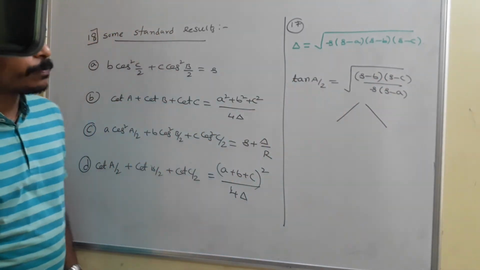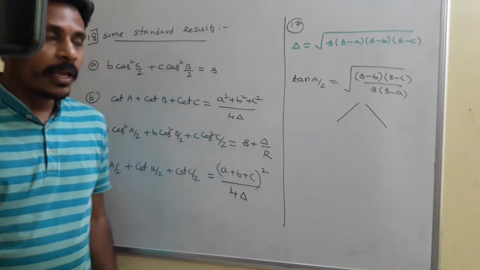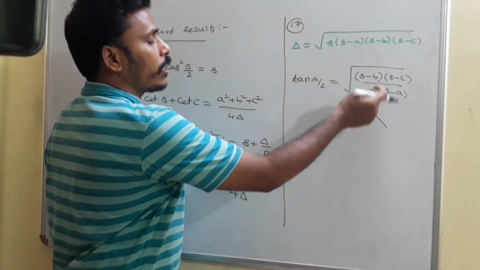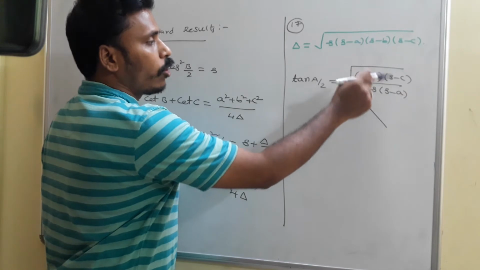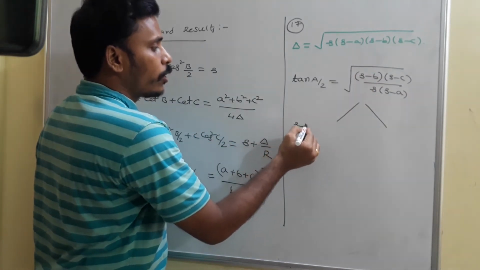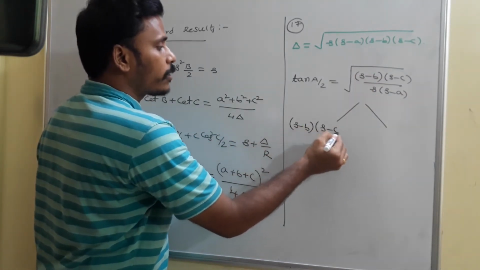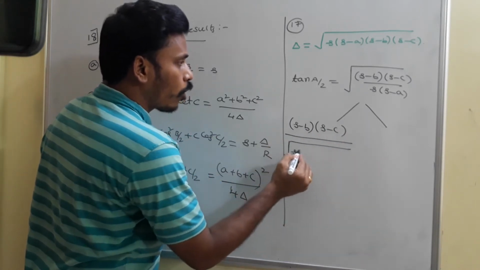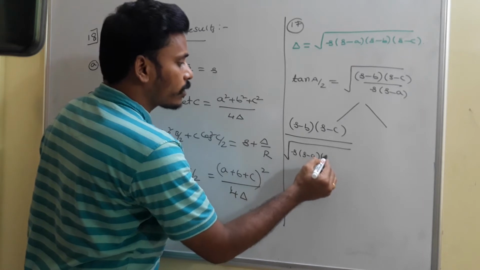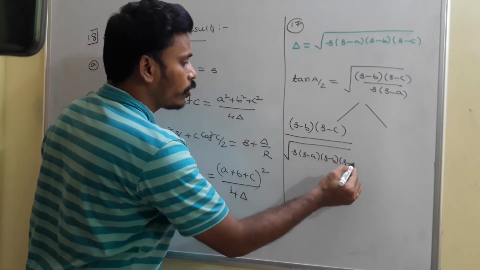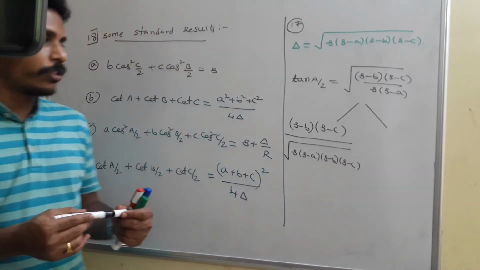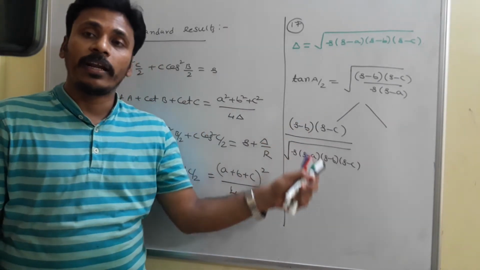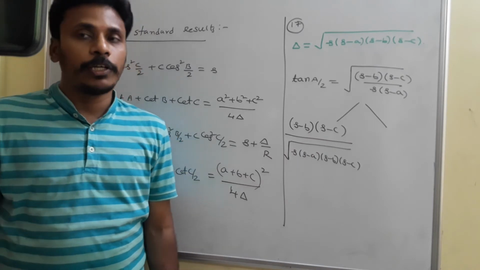In one possibility, you multiply both numerator and denominator with root of s minus b into s minus c. Then the numerator will become s minus b into s minus c, and the denominator will become root of s into s minus a into s minus b into s minus c. That's one possibility where we multiplied both numerator and denominator with root of s minus b into s minus c.